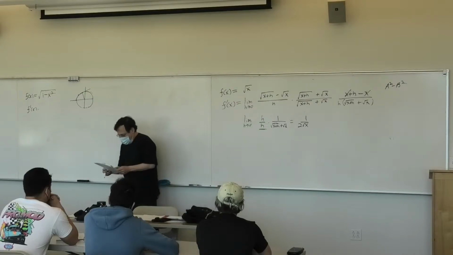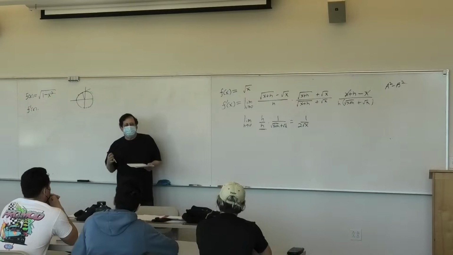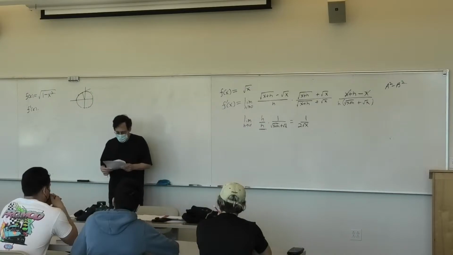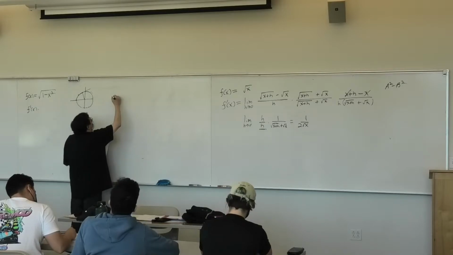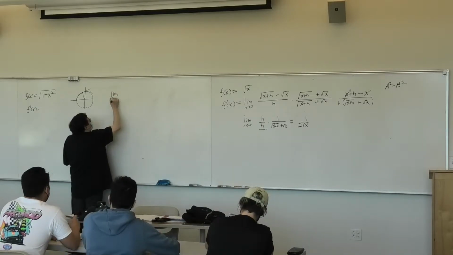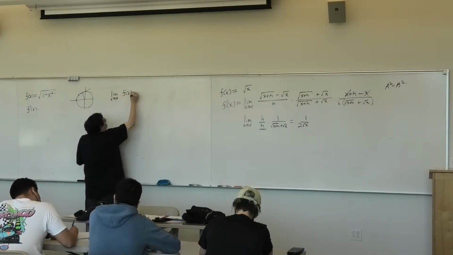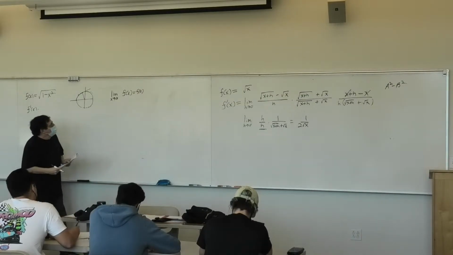So now I want to discuss differentiability versus continuity. We have a definition of continuity of a function where the limit as x approaches a of f of x equals f of a; we have a continuous function.